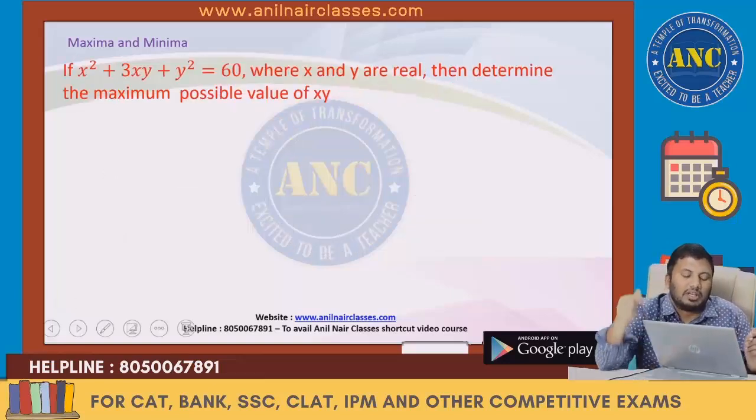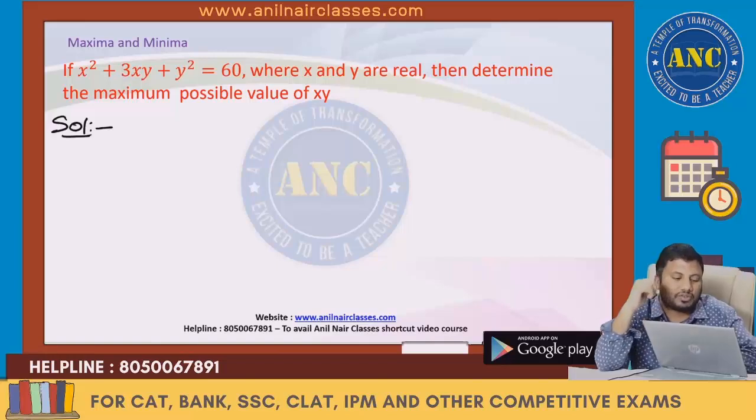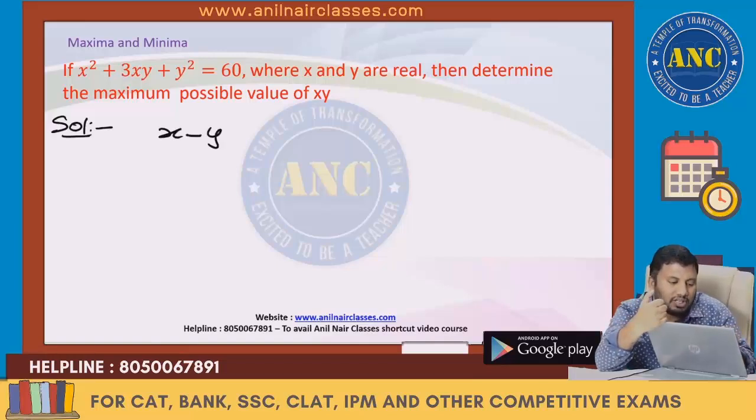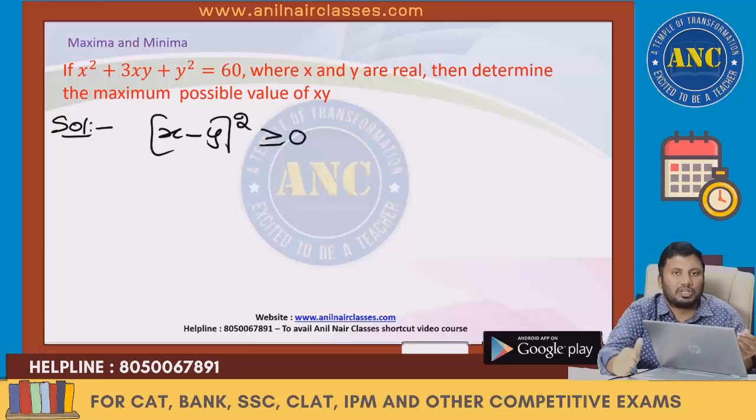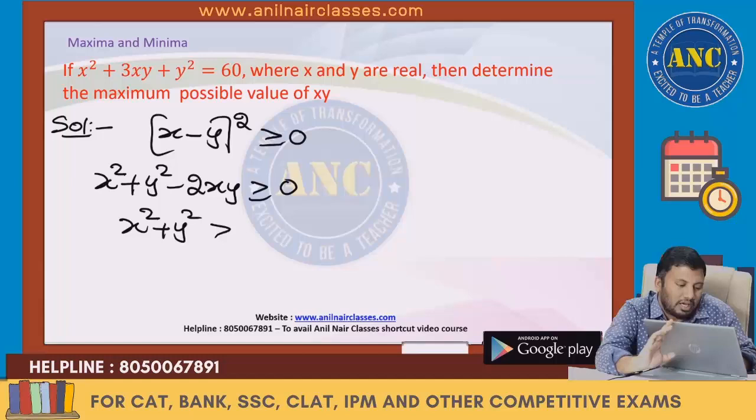Symmetric function. See here, another beautiful question, sir. X square plus 3xy plus y square is 60. This is nothing but x minus y whole square greater than or equivalent to 0. Square function is always greater than or equivalent to 0. X square plus y square minus 2xy is greater than or equivalent to 0. X square plus y square is greater than or equivalent to 2xy.